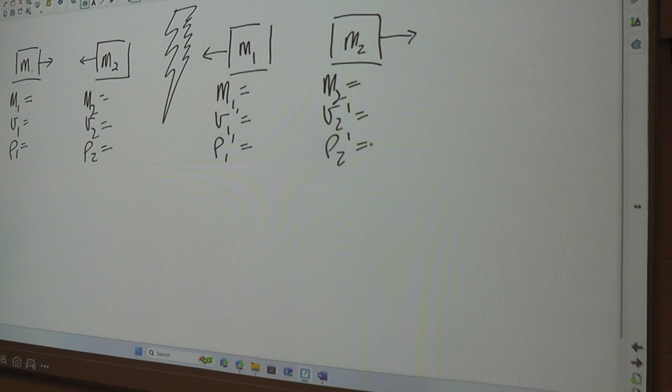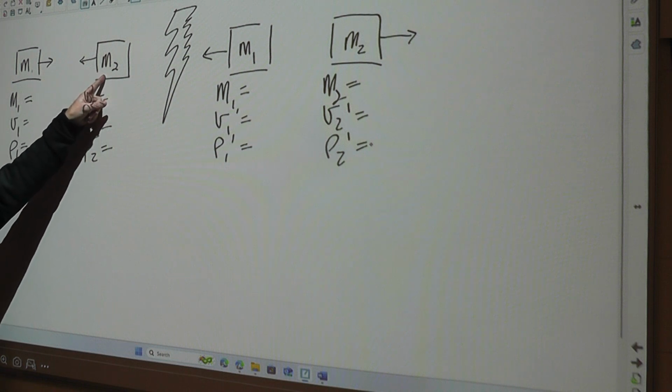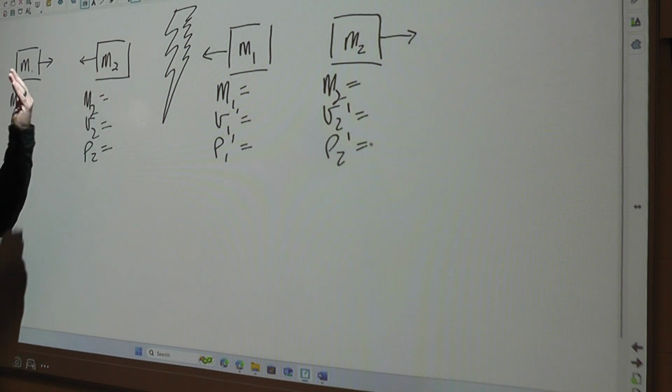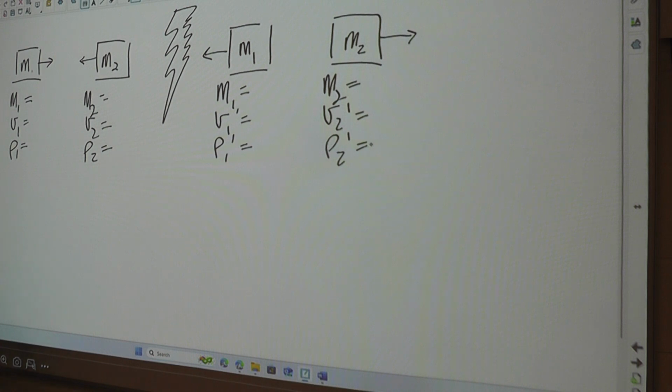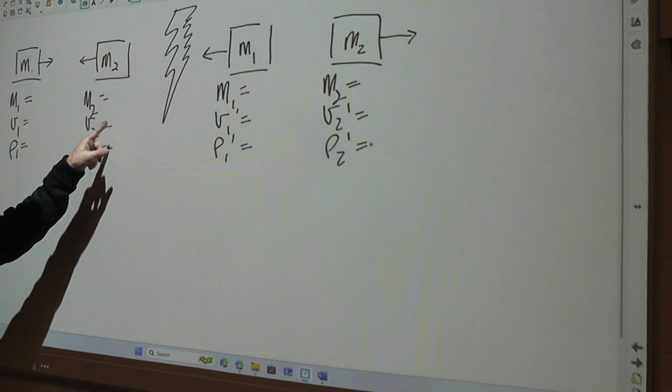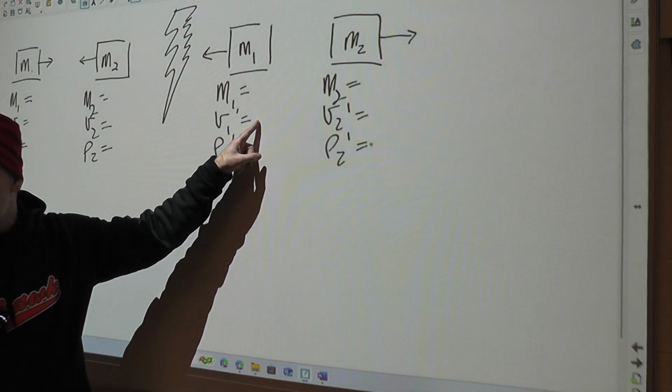But down the road, you'll be able to put some of this information into a solver. In this case, we know what direction these things are moving both before and after the collision. In this particular activity, mass 1 before the collision should have a positive velocity, mass 2 should have a negative velocity. After the collision, it's the opposite.